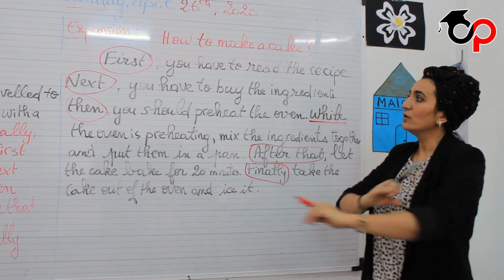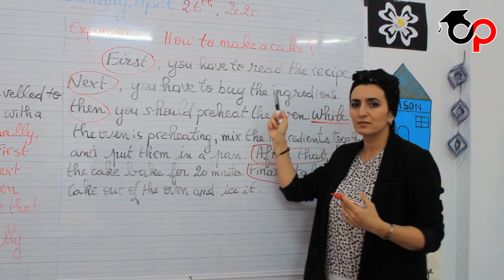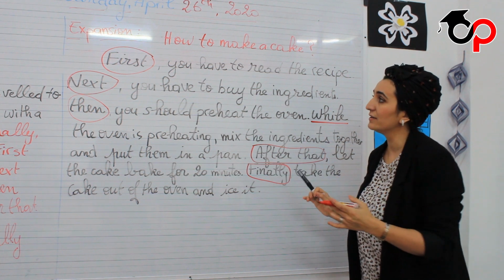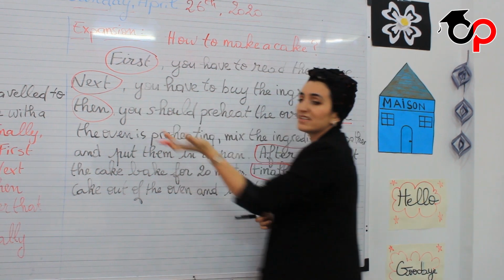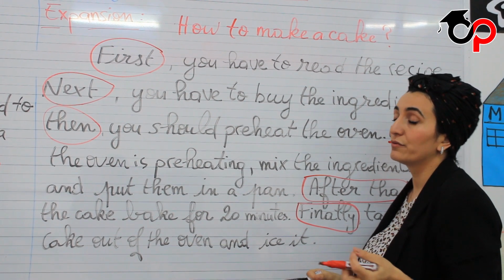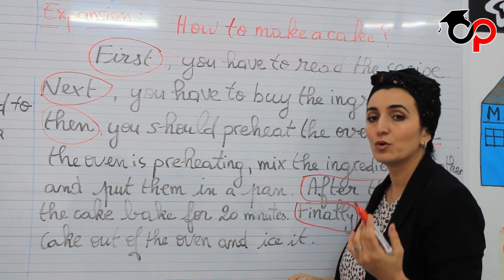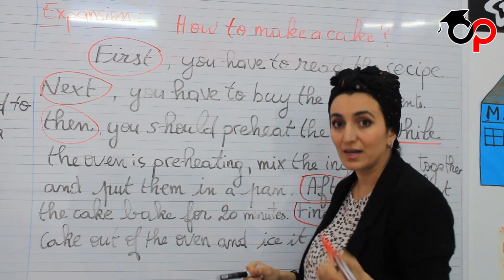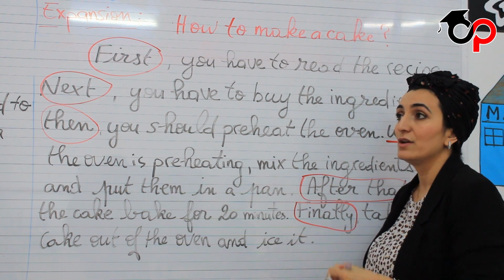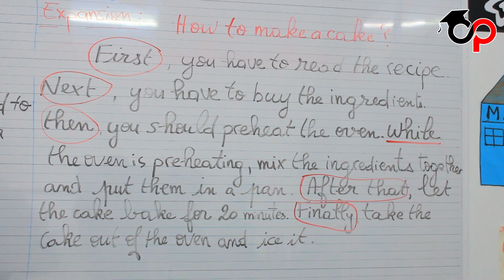Here, we can also use other alternatives, other words, to express nearly the same meaning, okay? For example, here, instead of saying first, I can use firstly, okay? Or I can use to begin with, or to start. Or I can say first of all, okay? So there are other alternatives.